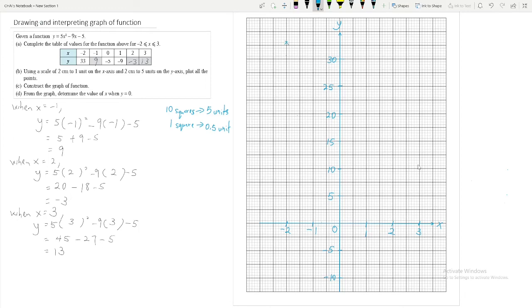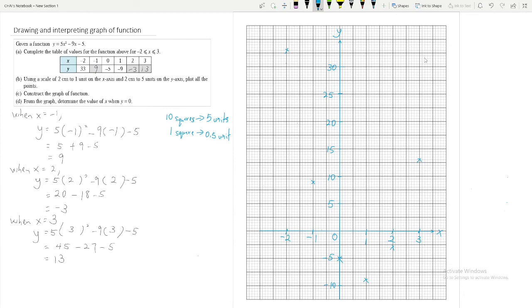Negative 1, 9, 0, negative 5, and 1, negative 9. Negative 9 is here, 2, negative 3, and 3, 13. 13 is here.